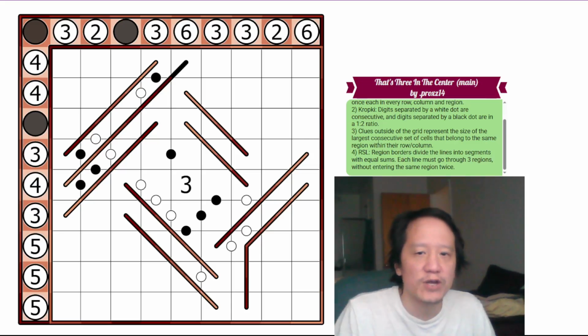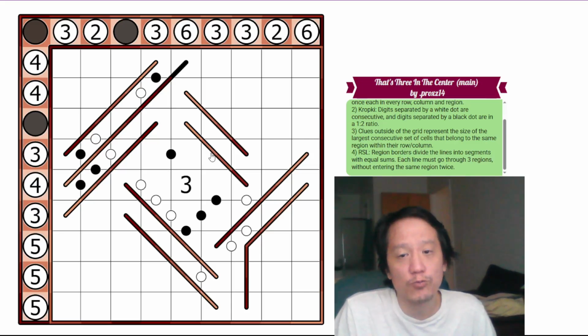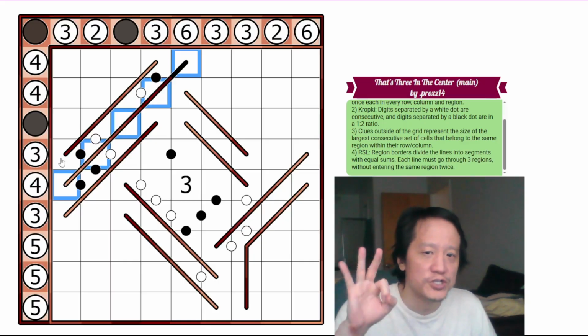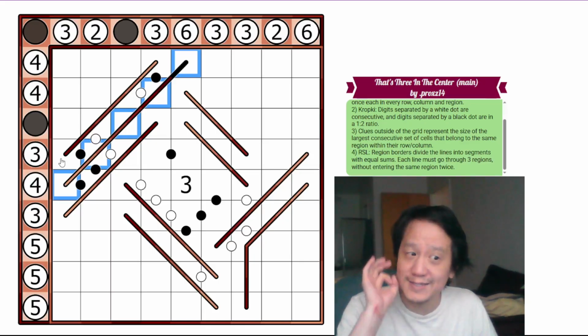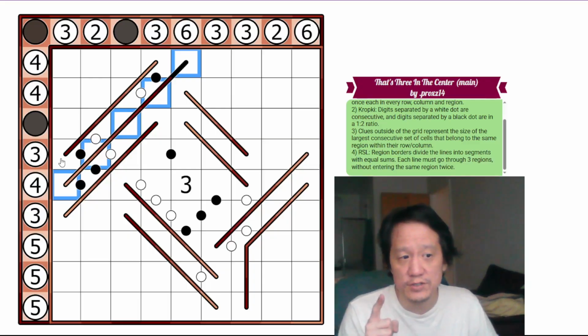And finally, we have region sum lines, where region borders divide the lines into segments with equal sums. And each line must go through 3 regions without entering the same region twice.